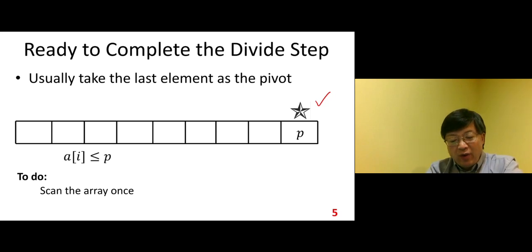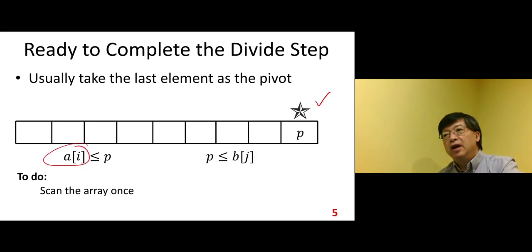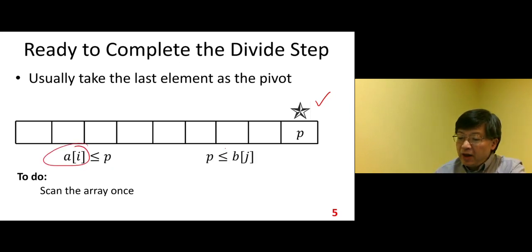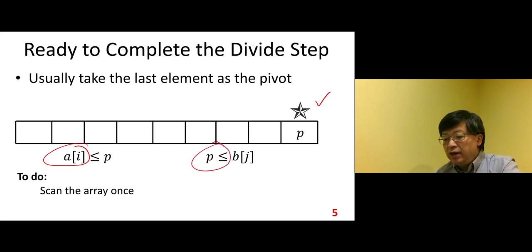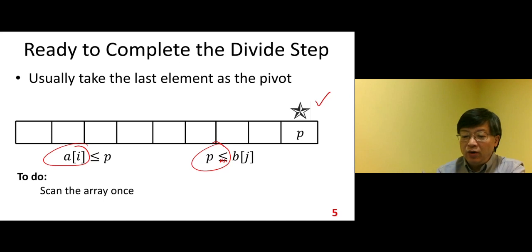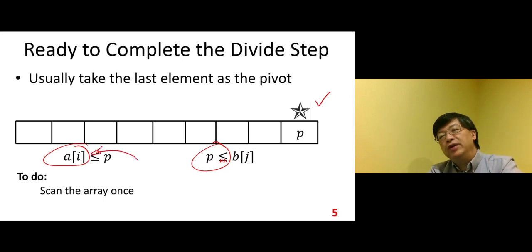All right. So the condition we want, all the elements at the left-hand side of P, or all the elements that are less than or equal to P, we put in an A array. For all the elements that are greater, because equal, so here, equal we put at the A array. So B array we do not put equal.